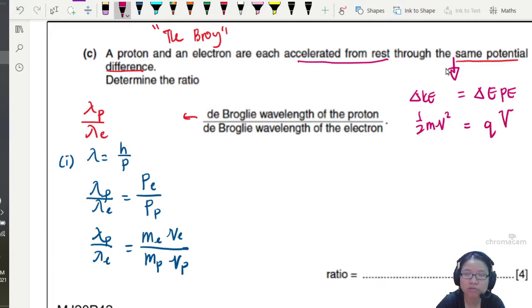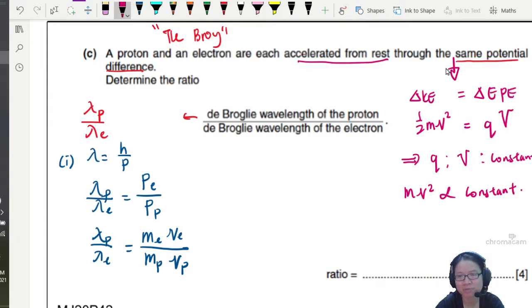So from here, I can say Q is constant. Proton is positive 1, electron is negative 1. Magnitude is the same. Same accelerating potential, constant. So what I have now is mv square is proportional to constant.